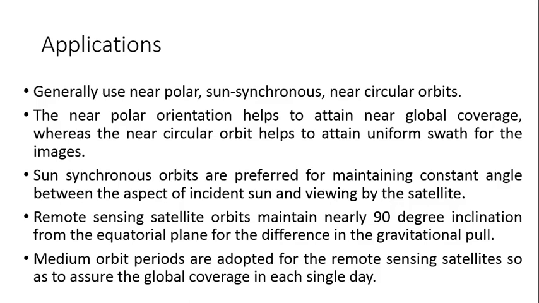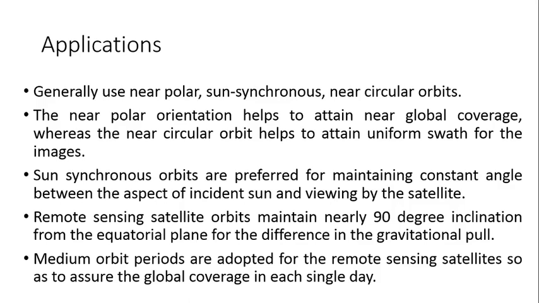When we talk about weather satellites, not meteorology, but some specifics, like if you want to trace gases or study outgoing long-wave radiation over the whole Earth, at that time near polar, sun synchronous or near circular orbit satellites are much more useful.